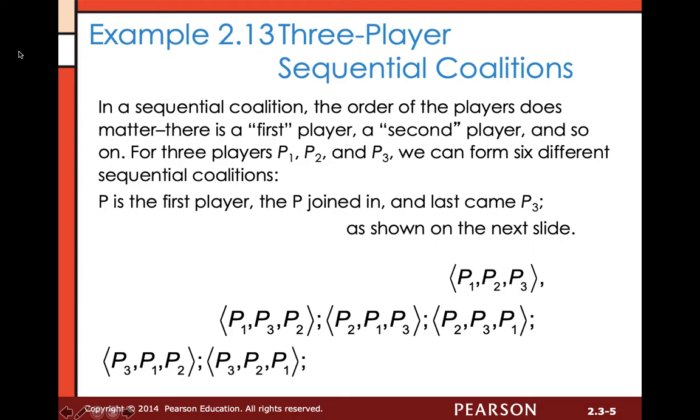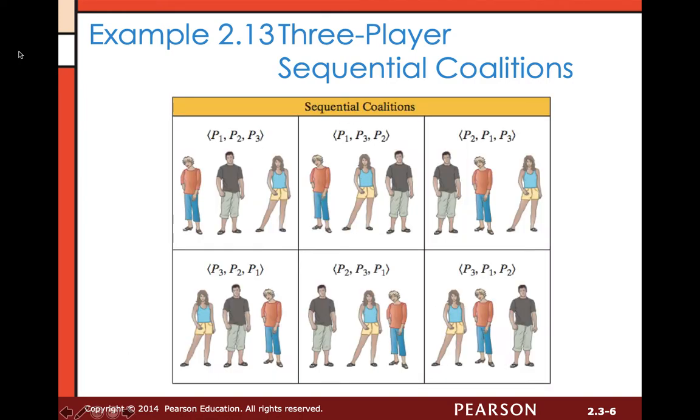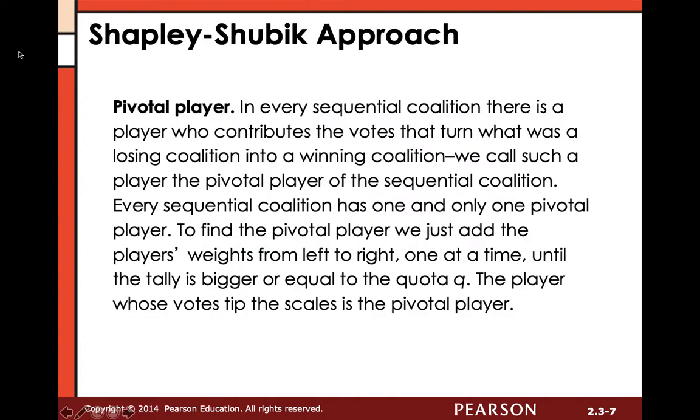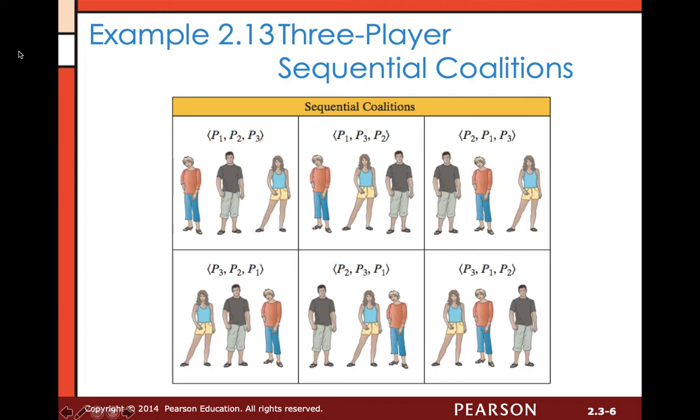So for three players, P1, P2, and P3, we can actually form 6 different sequential coalitions, as shown on the next slide. Your sequential coalitions here are P1, P2, P3; P1, P3, P2; P2, P1, P3; and so on. You can actually get that using factorials that we introduced, I believe, back in the previous chapter.